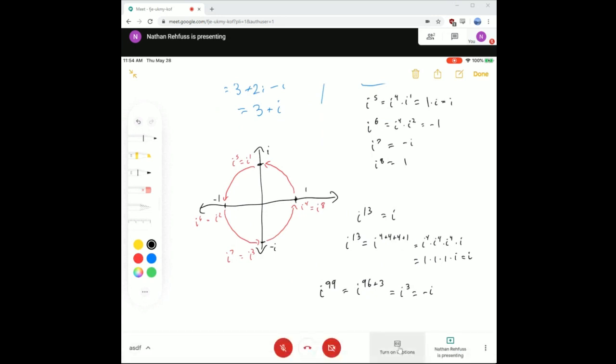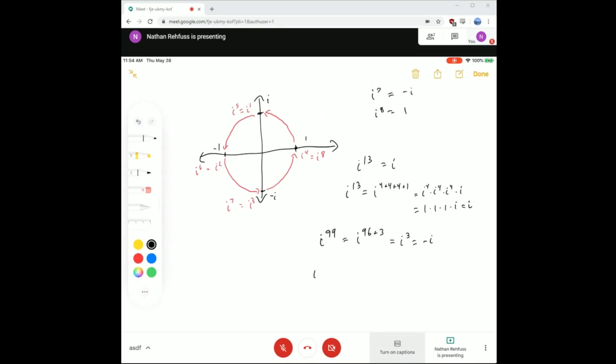So, going even further, if I asked you what's i to the power of 2,607, you would say 2,607 divided by 4 is, oh, why do I do this to myself? 651 remainder 3. And I don't care about the 651. That means there's 651 4s in the number.